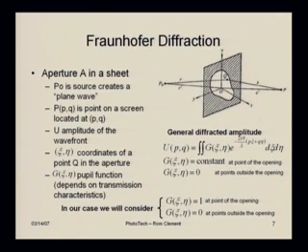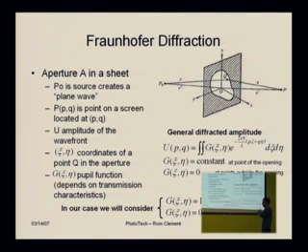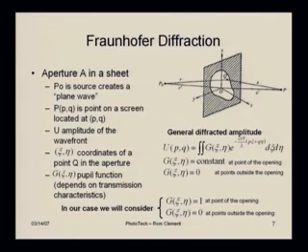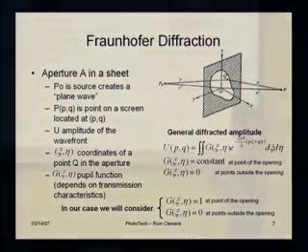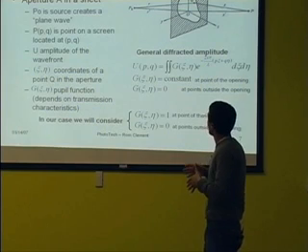So I don't want to scare you with the math, but just to give you a feeling of how diffraction is computed. I have an aperture in a sheet of paper, for instance. I have a point source, P0, which is assumed pretty far from this aperture so that the incoming beam of light is parallel and I have plane waves.